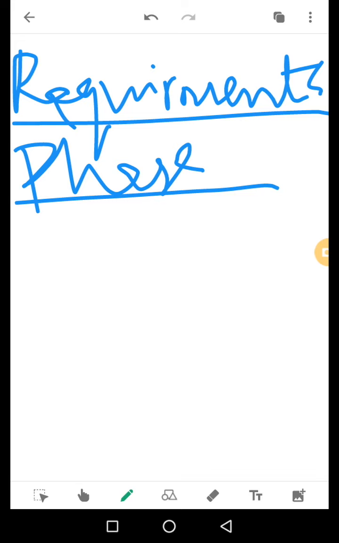Then changes in requirements after the project has begun. So the project has started already. The project is in progress, and one of the users just comes and indicates a change in an already accepted and implemented requirement. Then there will be a problem. It's like somebody building a house.